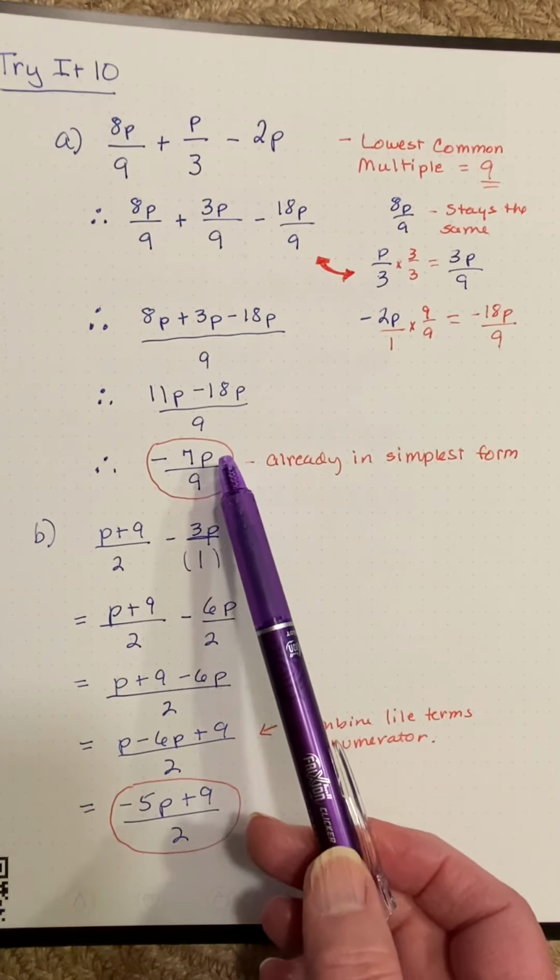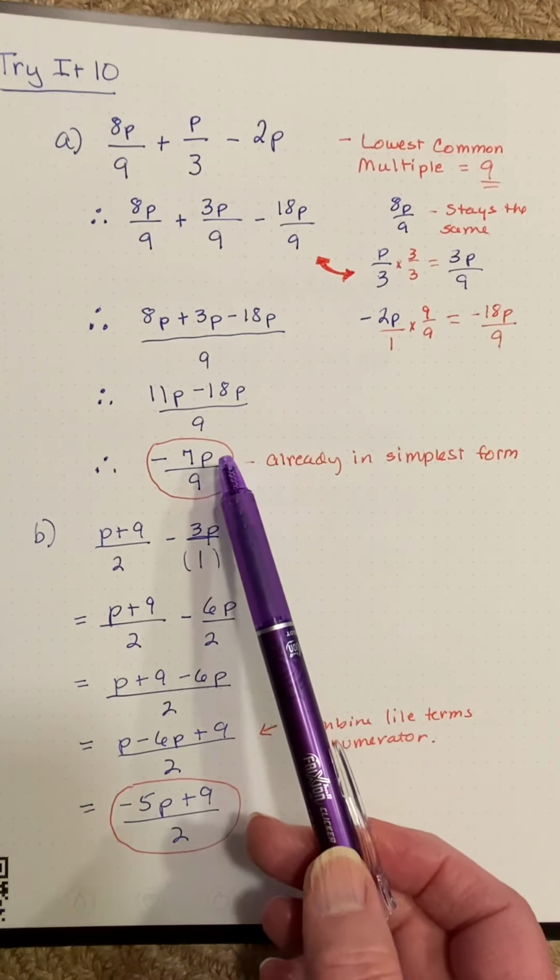So basically, I need to change my second fraction into something that has a denominator of 2. So I'm going to multiply 3p by 2, which is 6p. Since I didn't have to do anything to this quantity, all I need to do now is line it all up. P plus 9 minus 6p over 2.